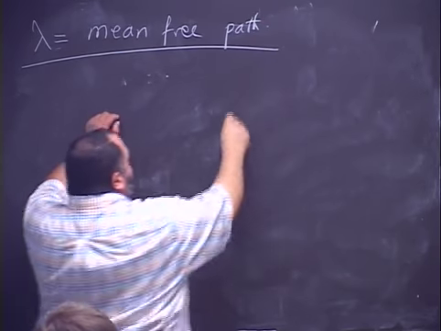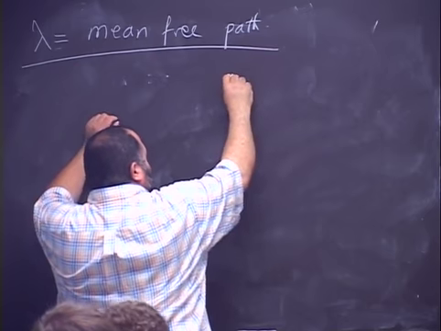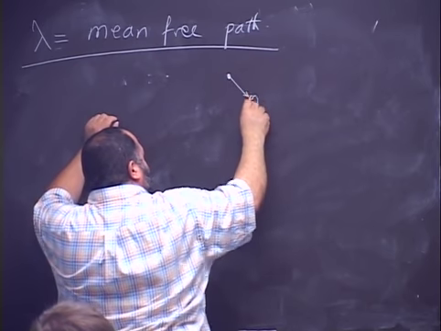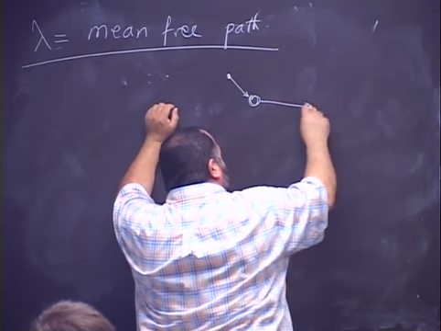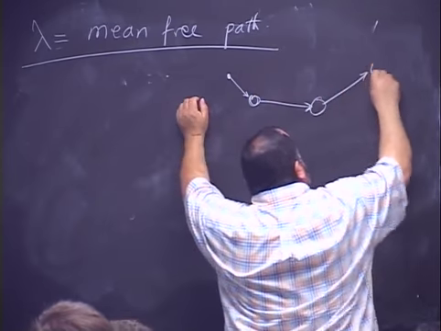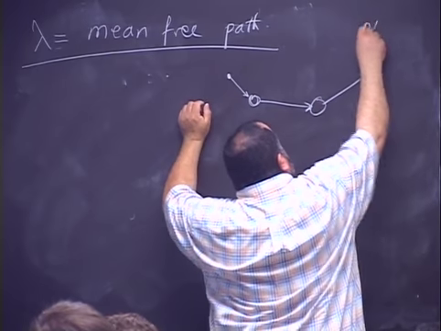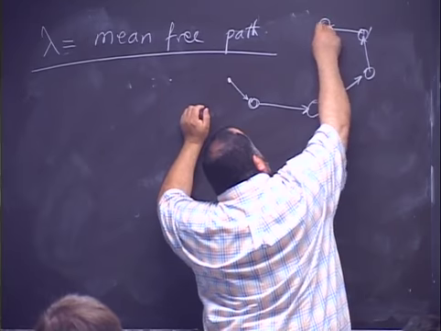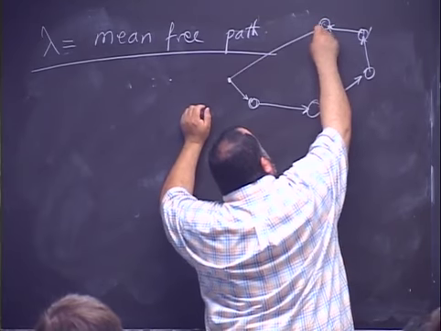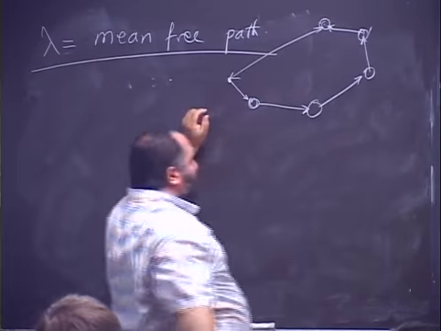If you are here, the neutron will encounter a nucleus here, knock it elastically, then knock another one here, then another one here, then another one here, then another one here, then get absorbed here. So this is the mean free path, let's say.